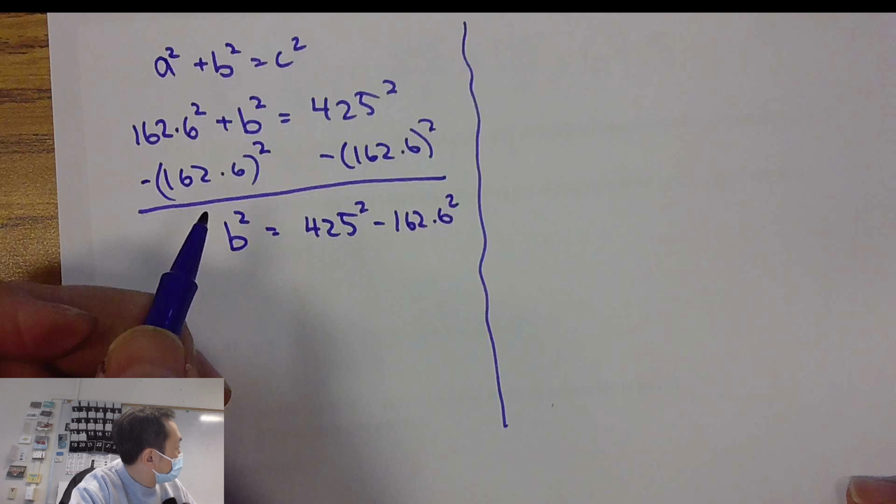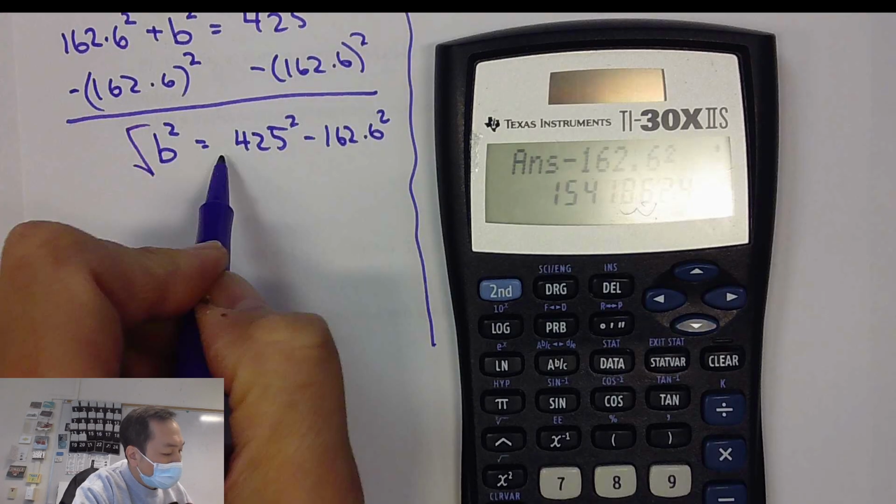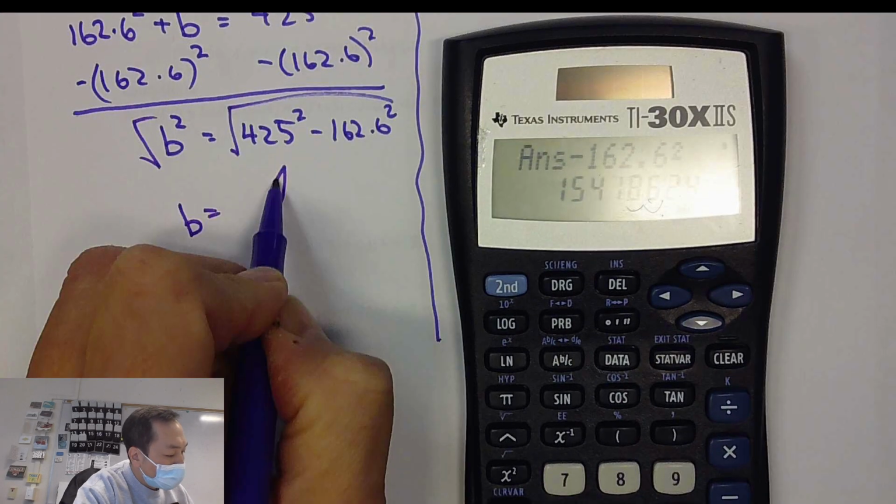So I'm going to just do this math here, and I get this big number. I'm not going to write that number down. I don't require you to write it down because it's just calculator work. And then I'm going to square root it. So B equals this whole thing. I'm not going to rewrite it and waste your time.